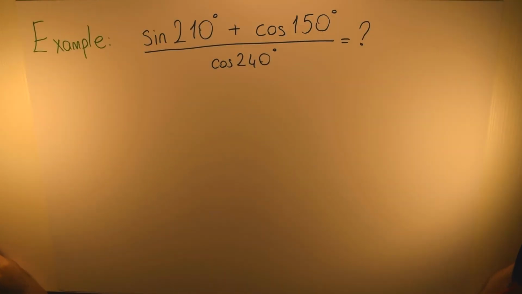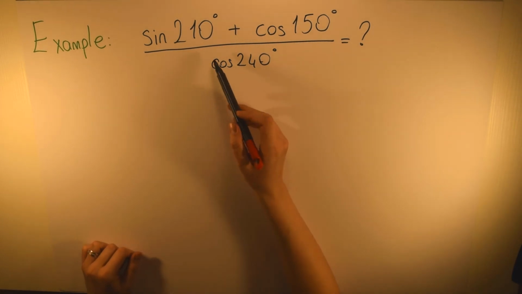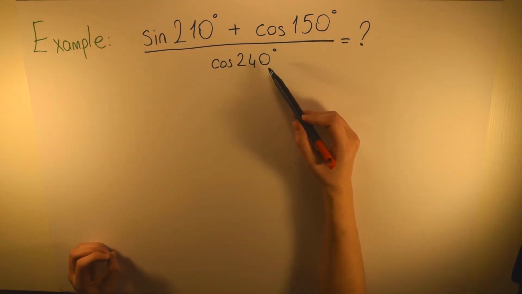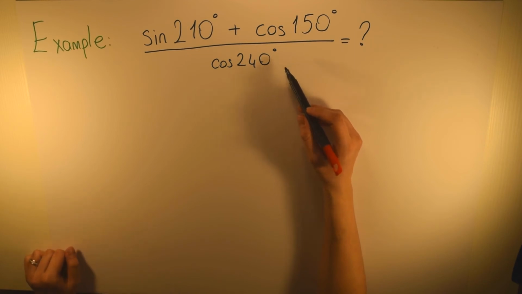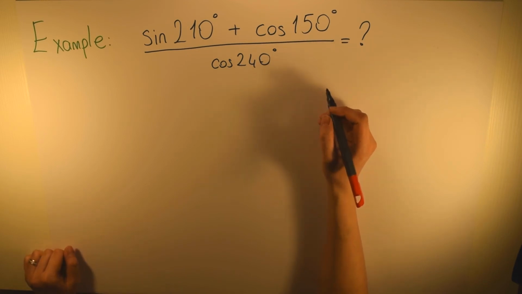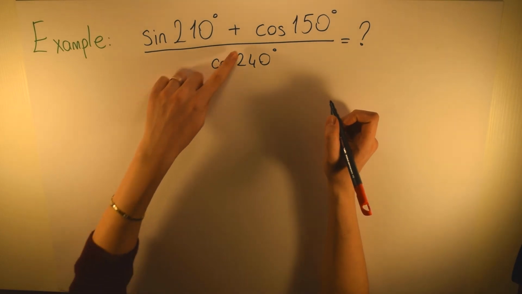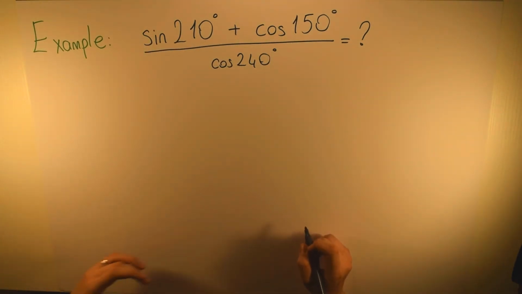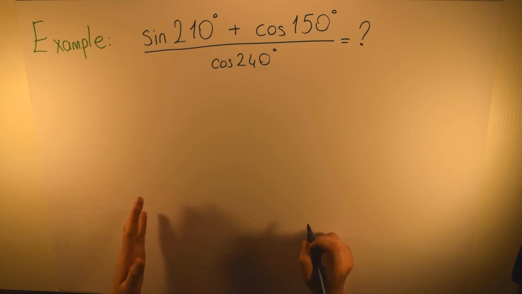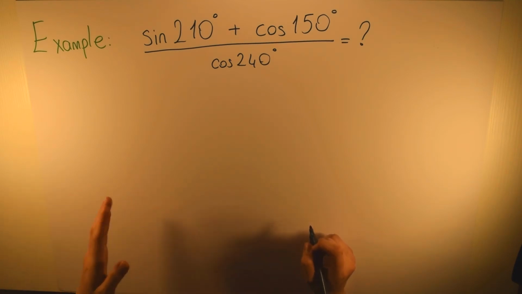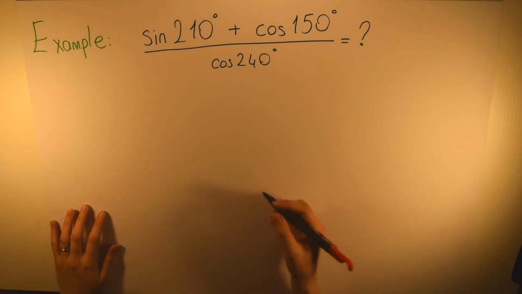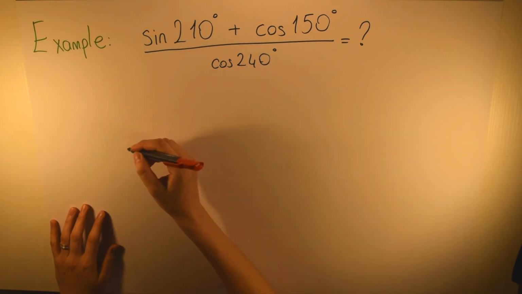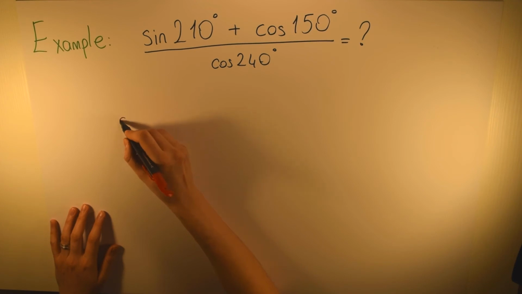In this example, we have sine 210 degrees plus cosine 150 degrees over cosine 240 degrees. Let's say I want to write this part based on the horizontal line, right? Which means based on 0 degrees, 180 degrees, or 360 degrees. So let's do that. Instead of sine 210 degrees, I can write sine.